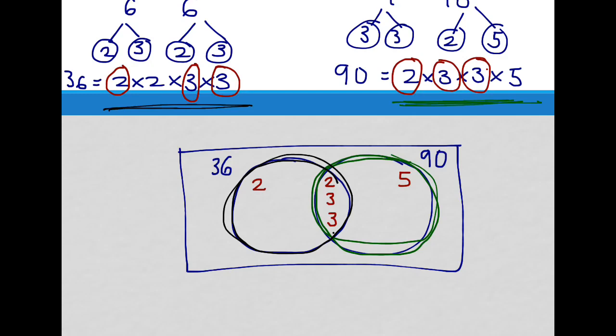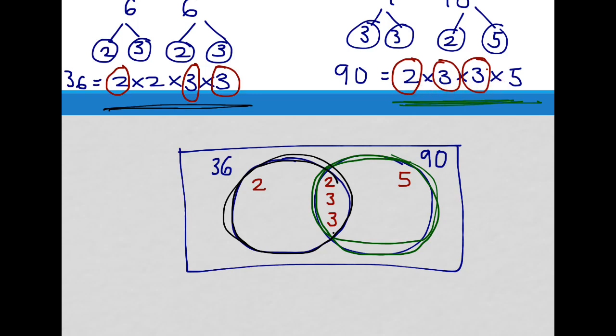So the overlapping part means that it's in the 36 as well as being in the 90. Now this bit that overlaps means these factors, these are in both 36 and 90. And remember, these were products.